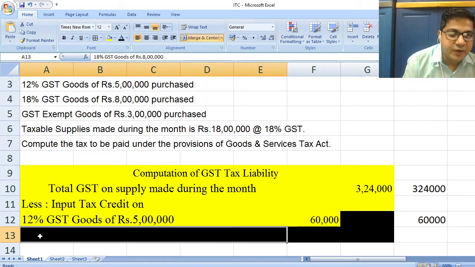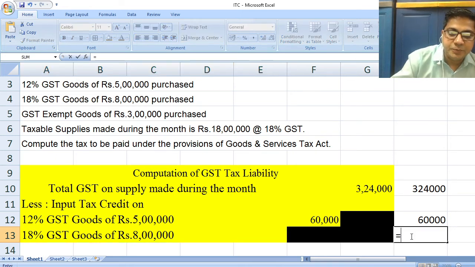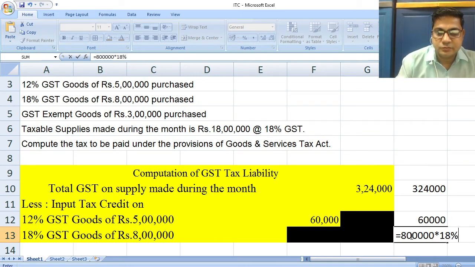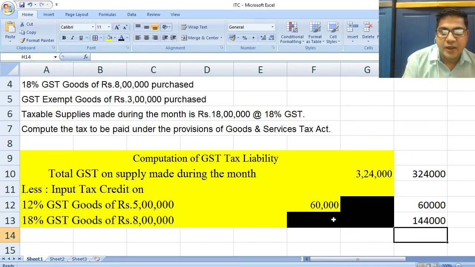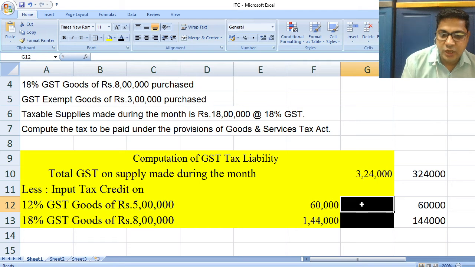And we have to find out the 18% GST paid at the time of the 8 lakh rupees purchase: 8 lakh into 18%, that is 1,44,000.